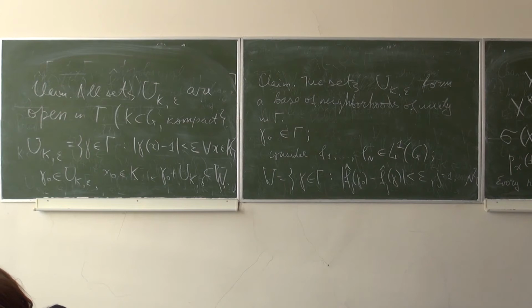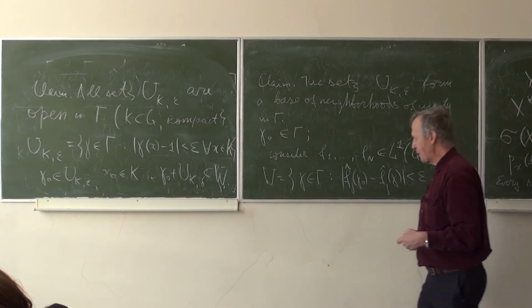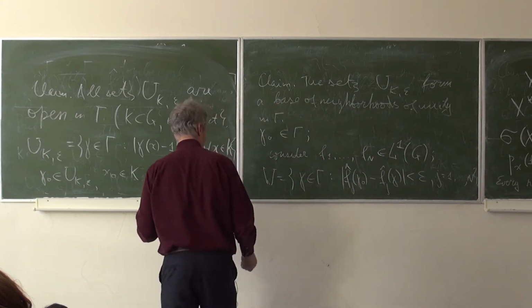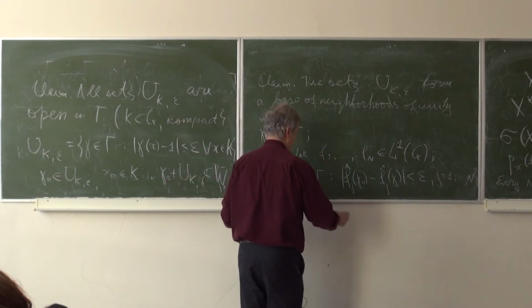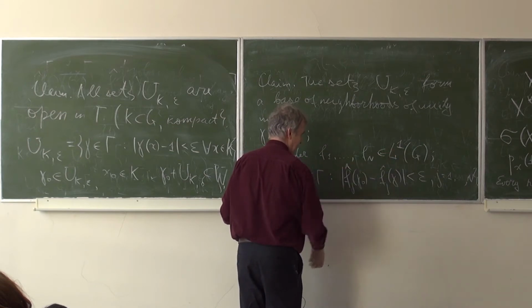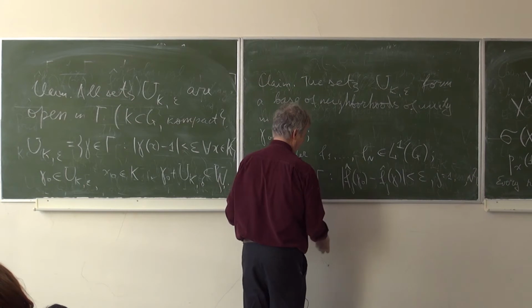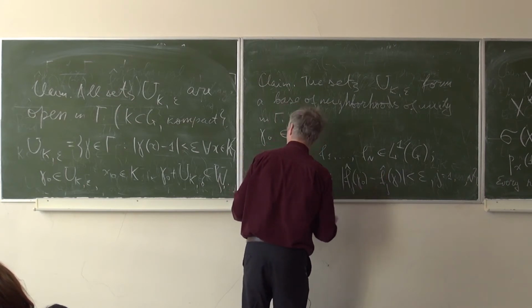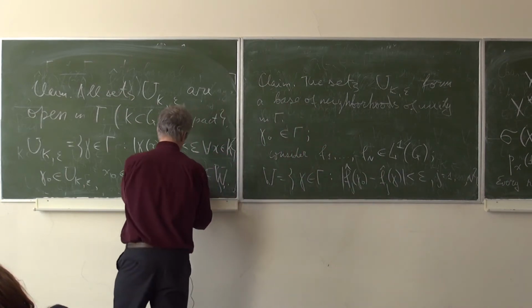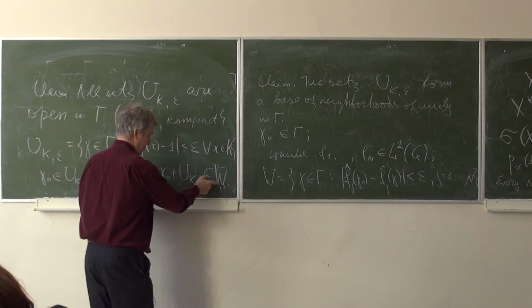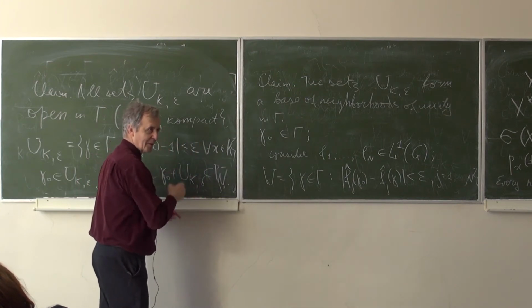We'll pass to the case where gamma 0 is 0, because everything is invariant under translation. Okay, but the base of neighborhoods of gamma 0 in that weak star topology is defined in the following way, and given such a set, we must find another set of this form which is included. Okay?